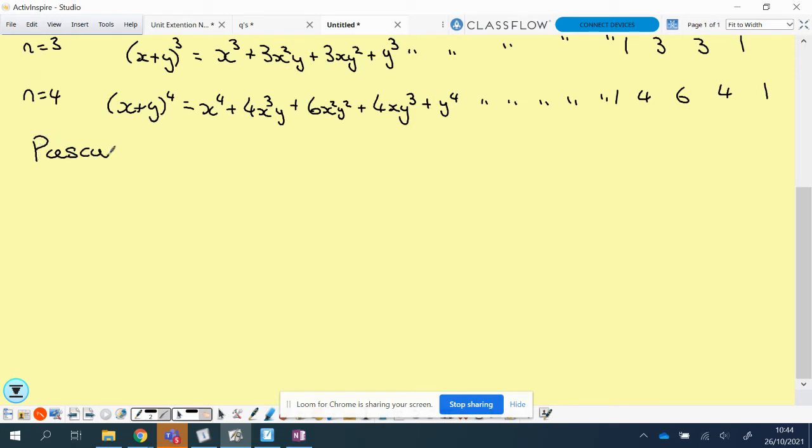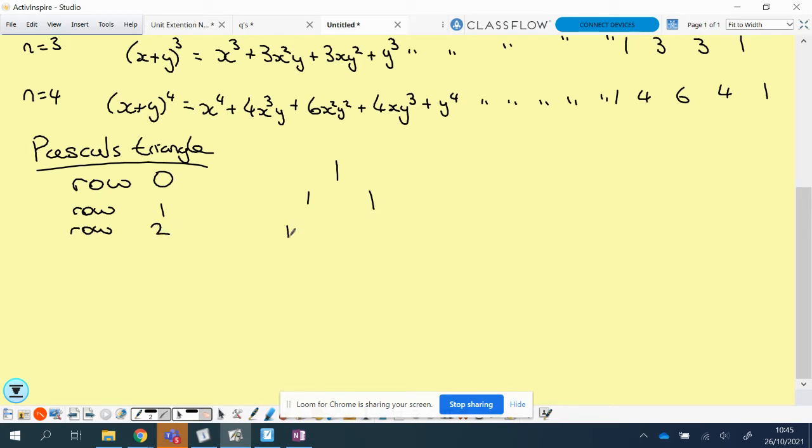So let's formally write what that is. For Pascal's triangle, we talk about the rows. In row 0, that was when n was 0, we had one term, which was 1. If I go to row 1, it was a 1 and a 1. Row 2 was 1, 2, and 1.